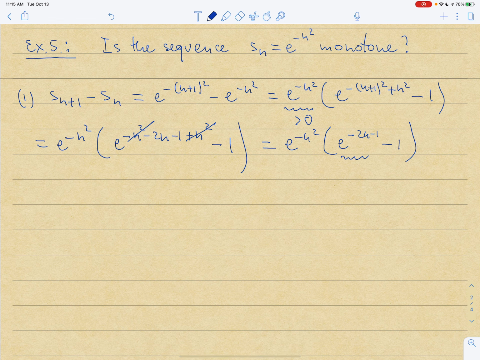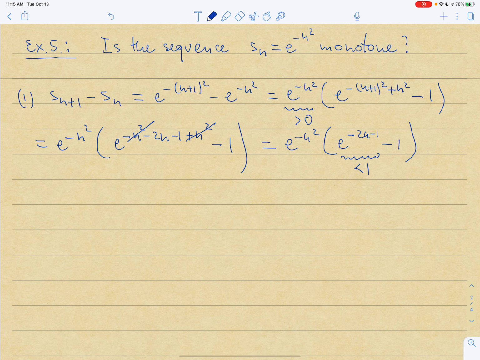What I know about e to the minus 2n minus 1 is that the power is strictly negative, right? Minus 2n minus 1 is a negative number. And from the properties of the exponential, we know that e to a negative power is always going to be a number less than 1.